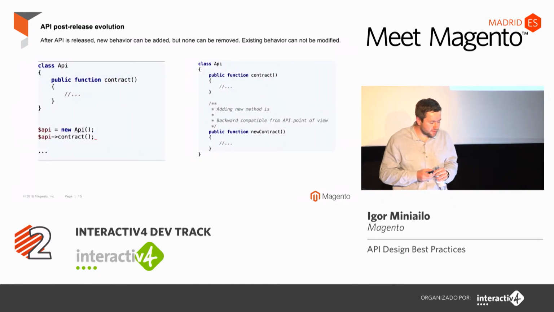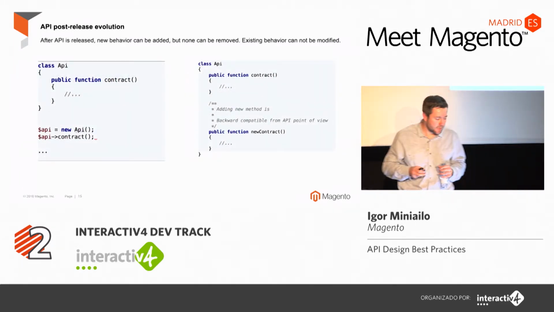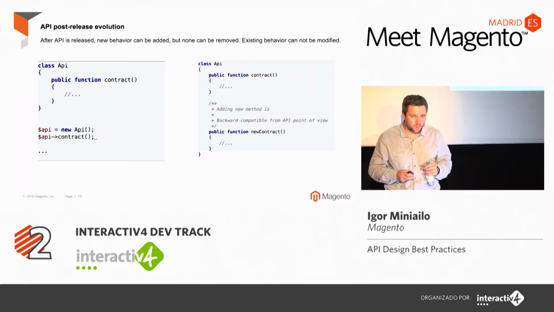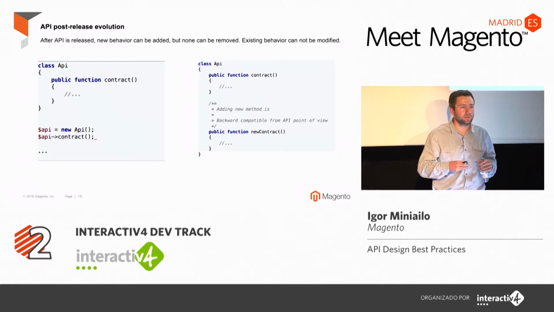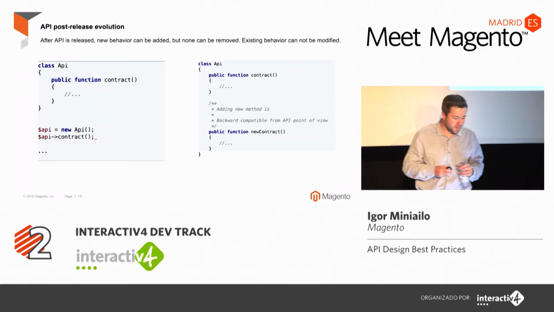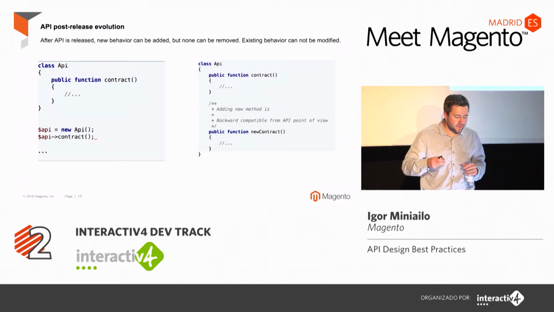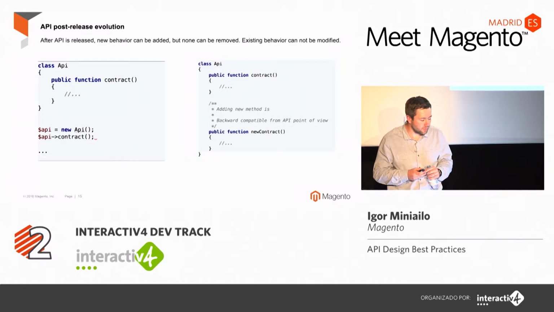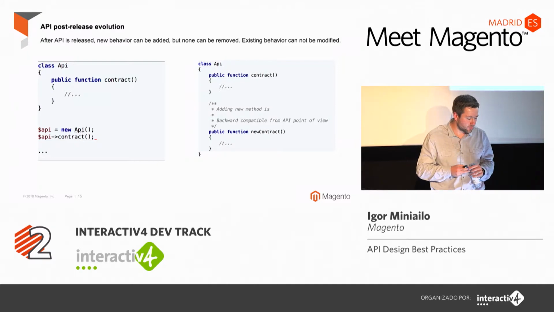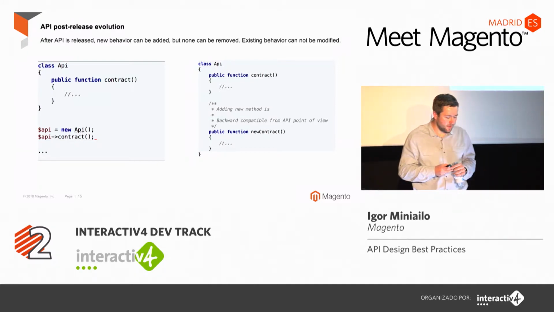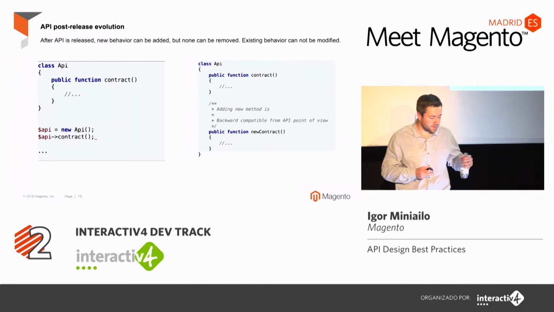If you consider the API post-release evolution, in our contract we can freely add new behavior, and we would not break existing business logic. For example, in phase 1 we have the API with a single public method contract, and we had business logic which just relies on that contract.